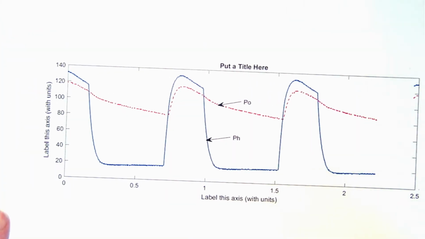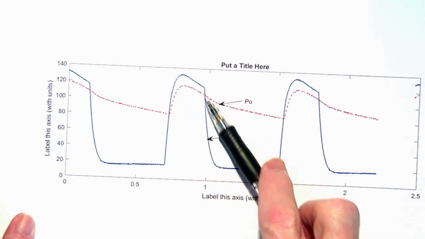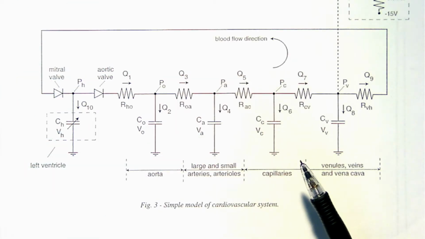Because after all, the pressure in the heart, P sub H here in the blue, is high during systole and very low during diastole. And since pressure and voltage are analogous pairs, I thought putting together a voltage generator that did this would represent the heart.